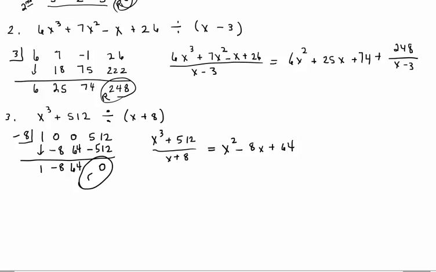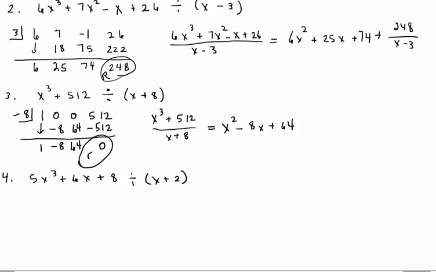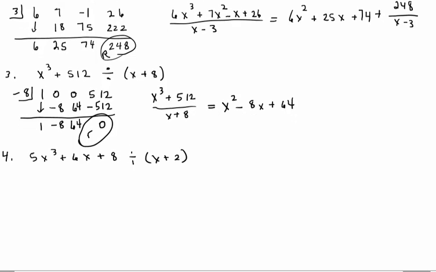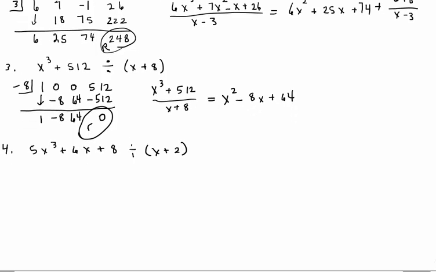Okay, and one last one you guys can try on your own. If you want to stop the video, attempt it, and then turn it back on, I think that's a good idea. Okay, so pause it and turn it back on, and when you're done, you can see the answer.